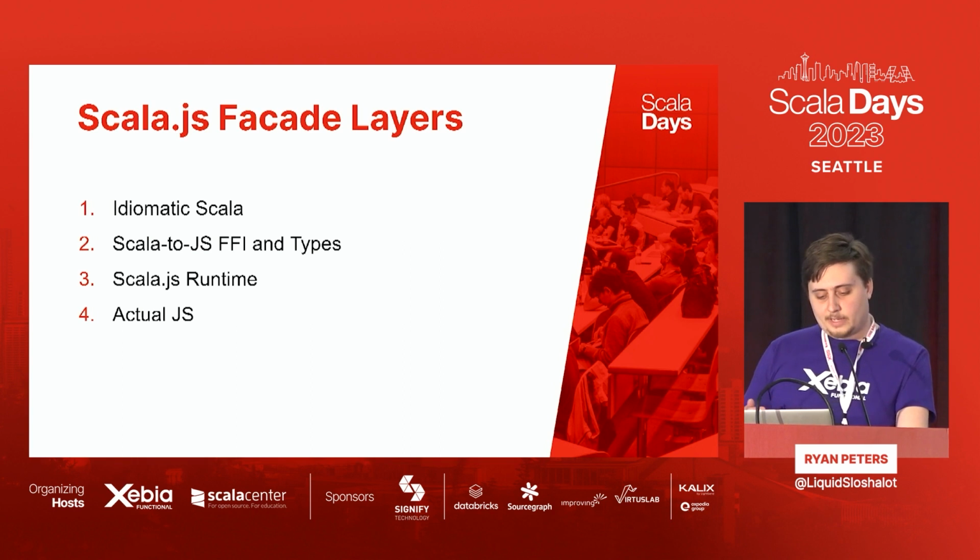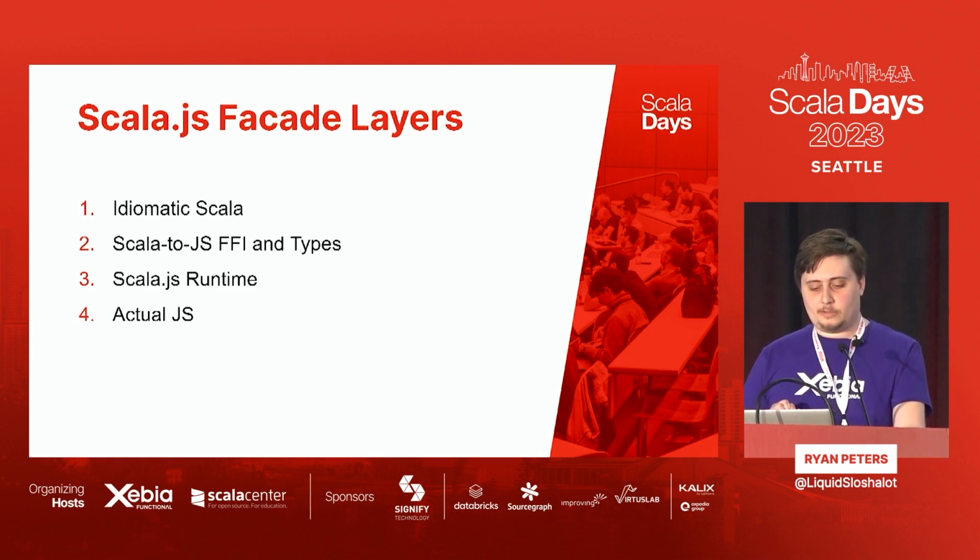And then you have these traits that you write, this sort of foreign function interface. You need these annotations that Scala.js provides to interop with JavaScript functions and say, okay, there should be a function here with a certain name, and it accepts values of these types. And then the Scala.js compiler will figure out what your code is supposed to be. And then at the very top, ideally, you have just regular old idiomatic Scala.